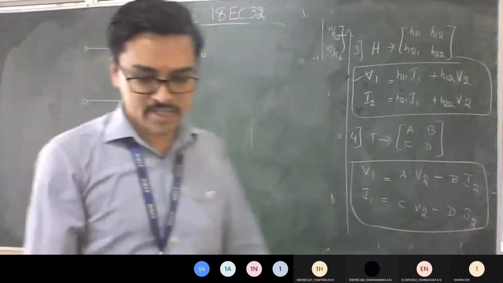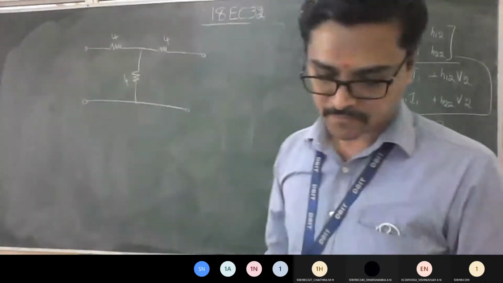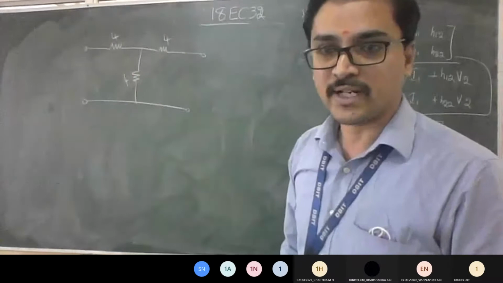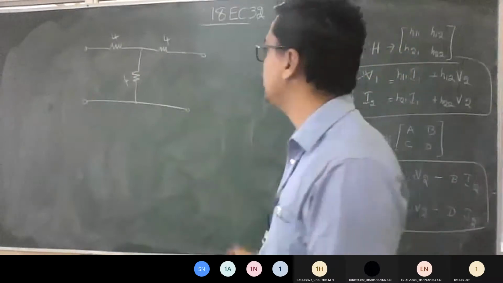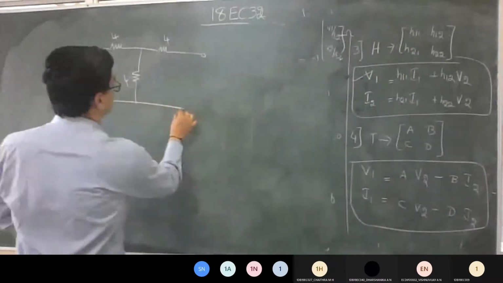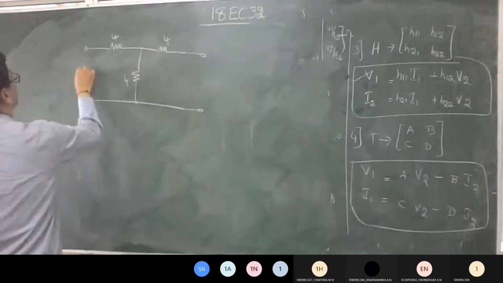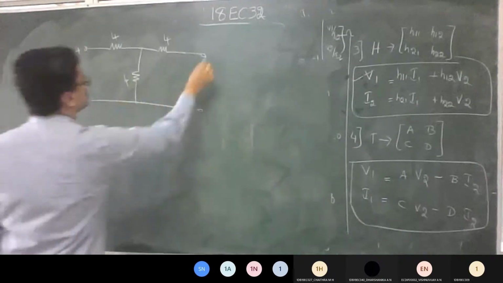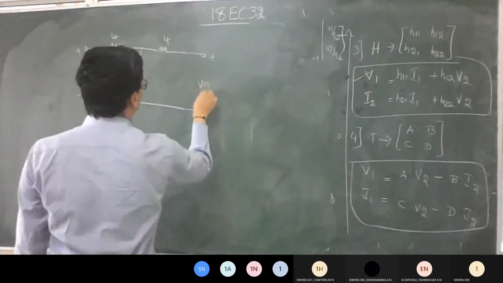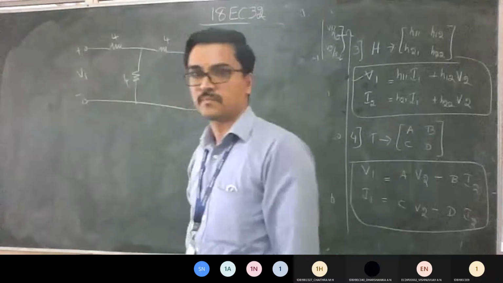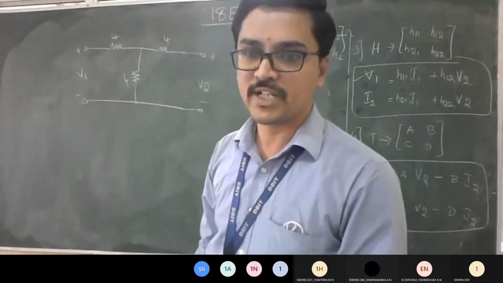I've given all the values as 4 only. Is the question visible to everyone?